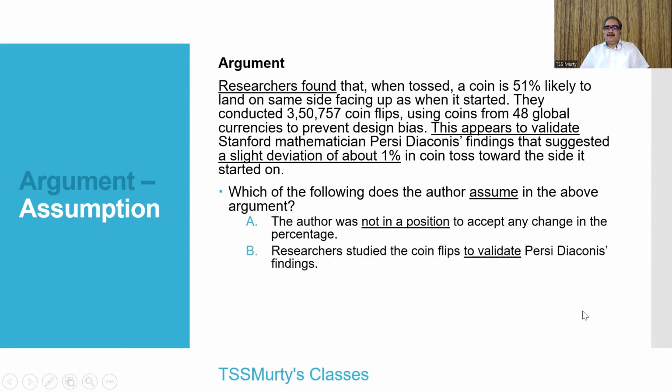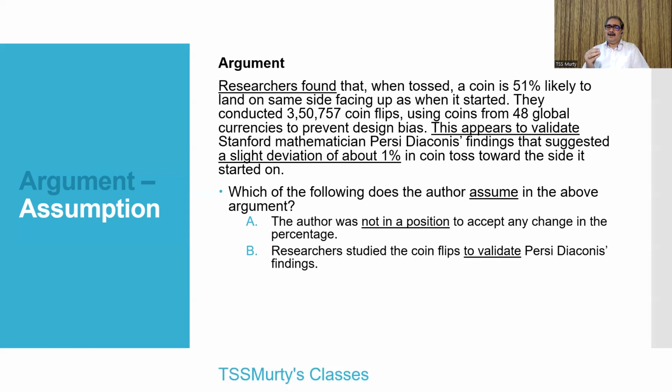Moving forward, researchers studied the coin flips to validate Percy Draconis' findings. Now, did they study to validate his findings? Well, nowhere in the argument does it say that whatever the researchers have found is based on the Stanford mathematicians' findings.